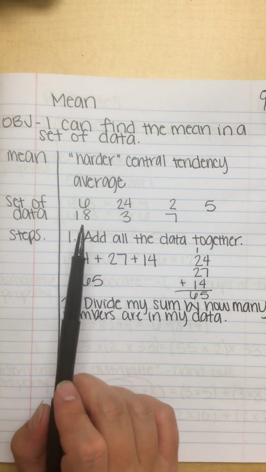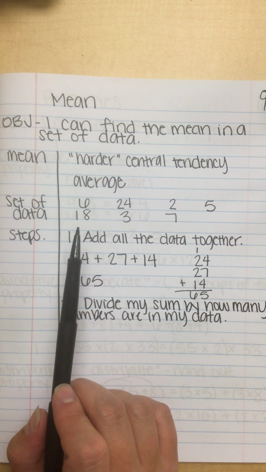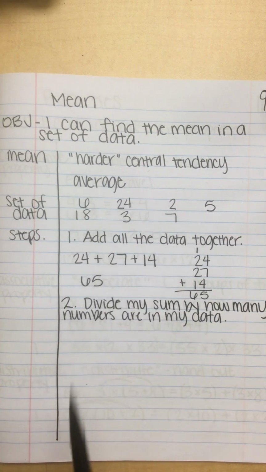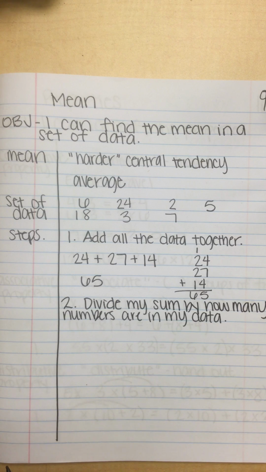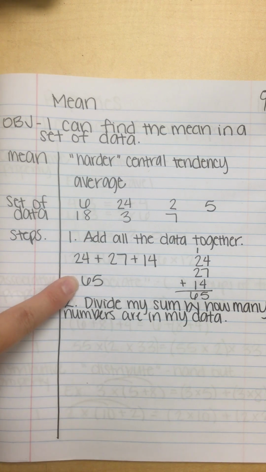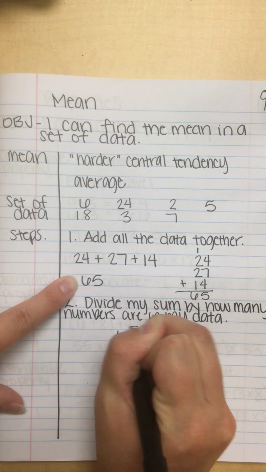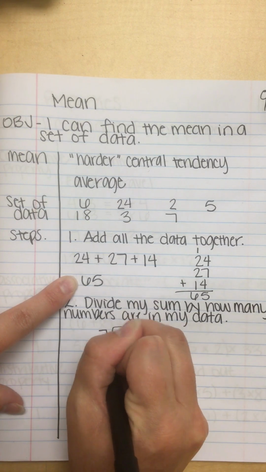So if I go back up here to my set of data, I'm going to count how many different numbers I have. So I have 1, 2, 3, 4, 5, 6, 7. Or I have 7 data points. Okay, so I'm going to take my sum, 65, and I'm going to divide it by 7.